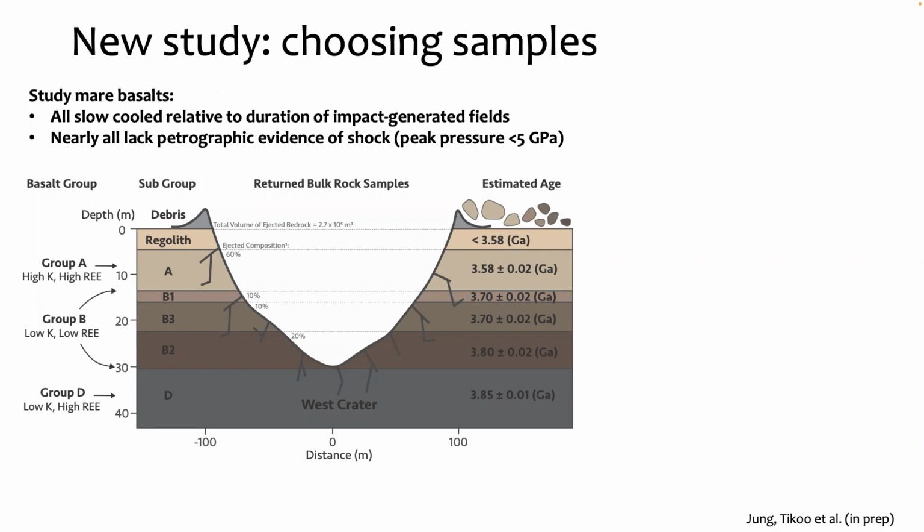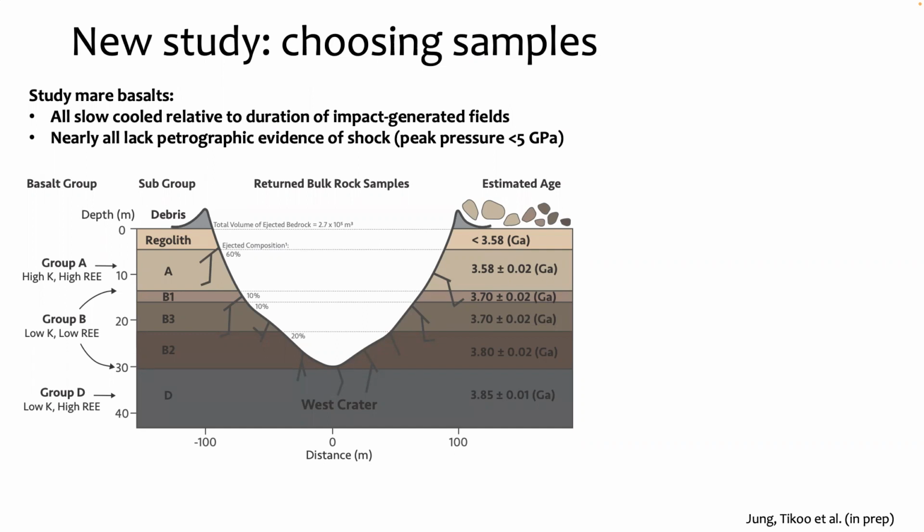For the largest basin-forming impacts, those fields last for about 1 day. For smaller impacts, those fields may last seconds to minutes at most. And so if a rock is cooling from above the Curie temperature of basalt, it's going to take hours to days to cool to the Curie temperature. So we're not going to record that as a thermal remanent magnetization.